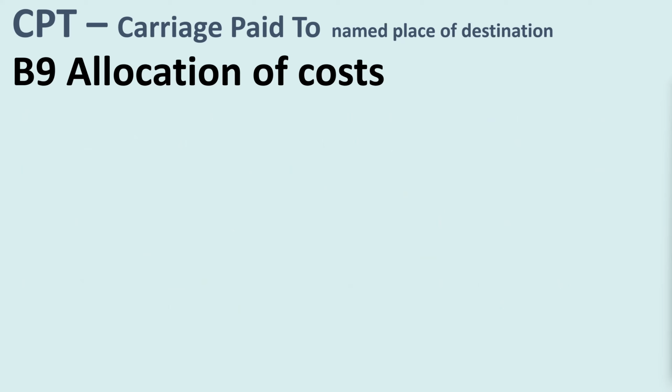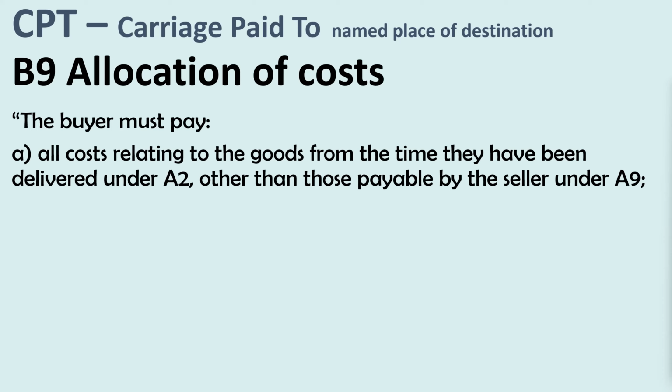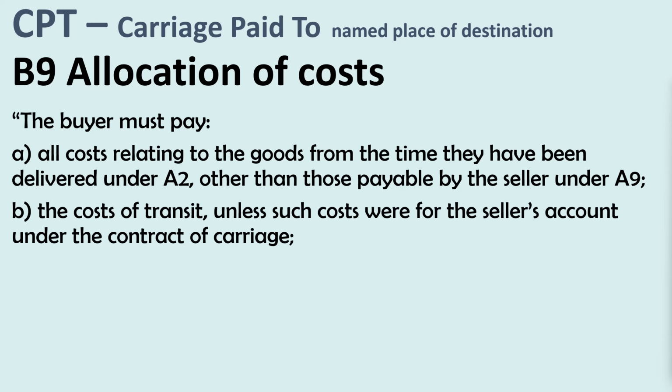B9. Allocation of costs. The buyer must pay A. All costs relating to the goods from the time they have been delivered under A2, other than those payable by the seller under A9. B. The costs of transit, unless such costs were for the seller's account under the contract of carriage.